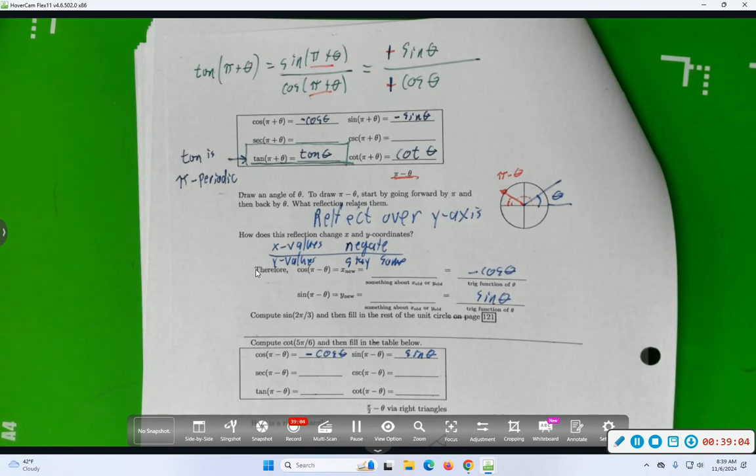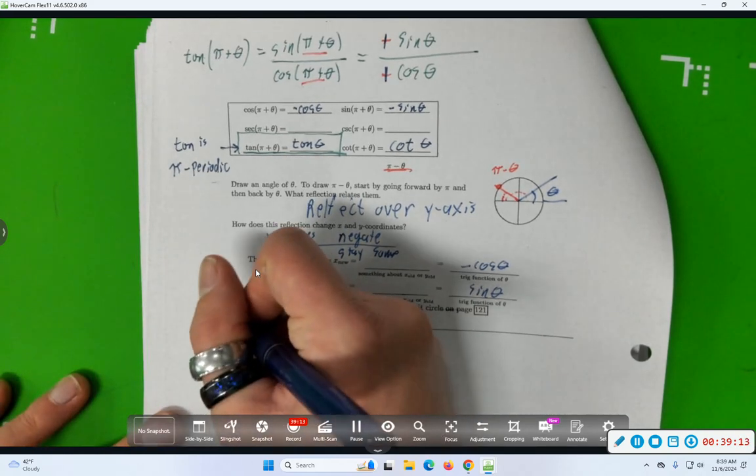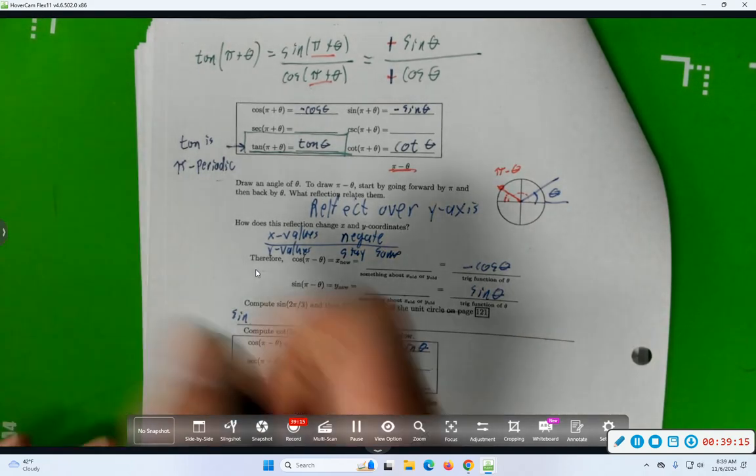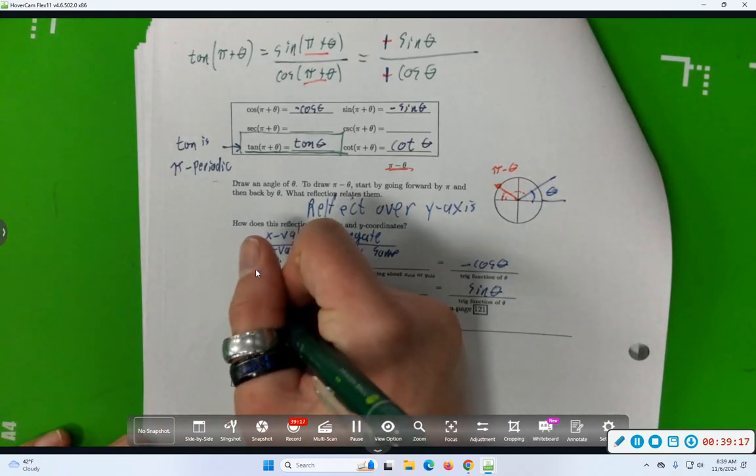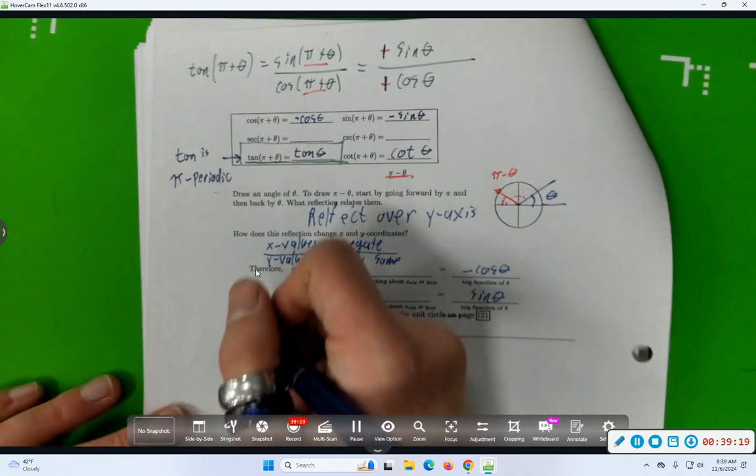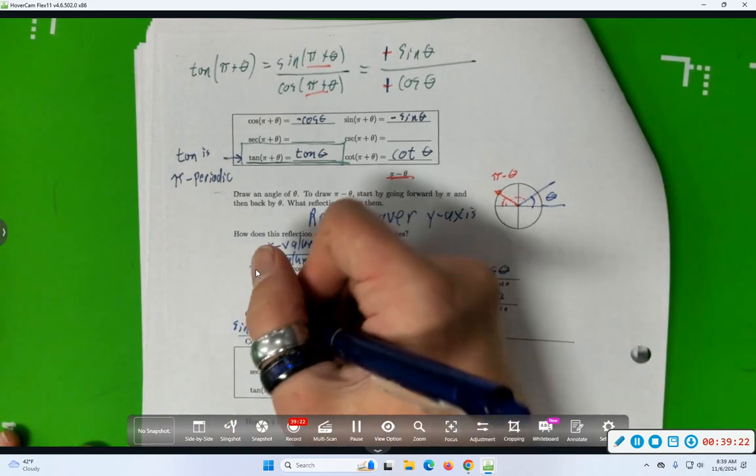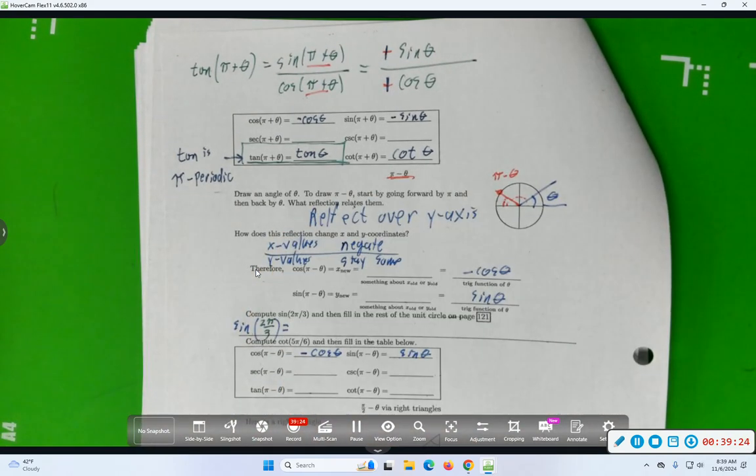Okay, same questions again. Sine of 2 pi over 3, let's try to compute that. So, let's start by thinking about what 2 pi over 3 is. If I have successfully signposted this correctly, I think I want to write this as pi minus something, because that's just like the identity we have right above. Is this pi minus a little bit?